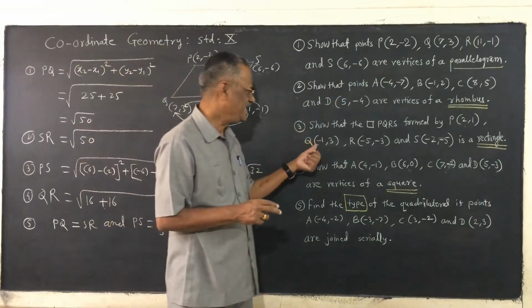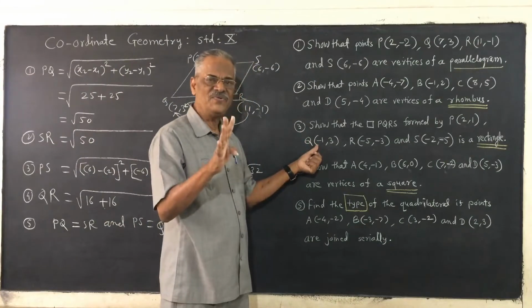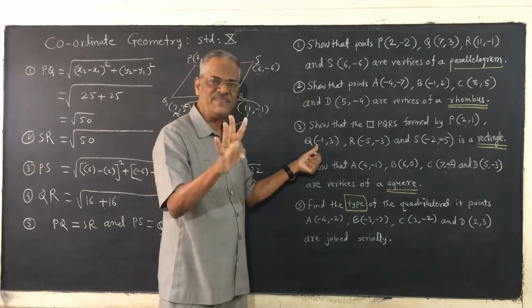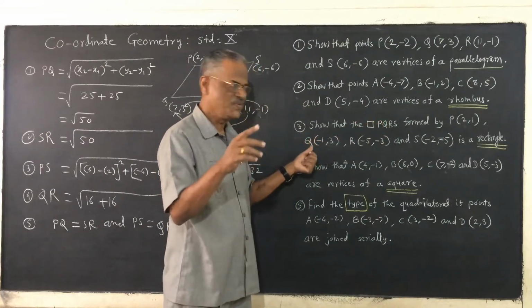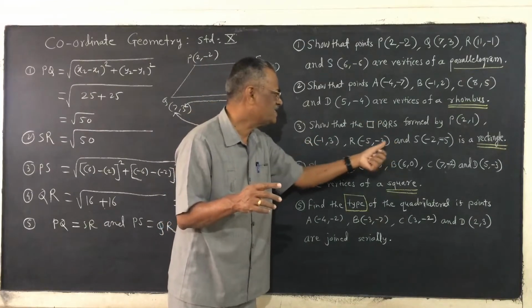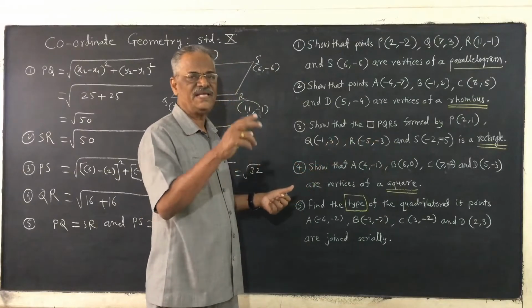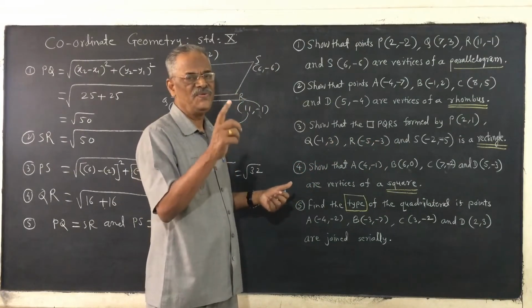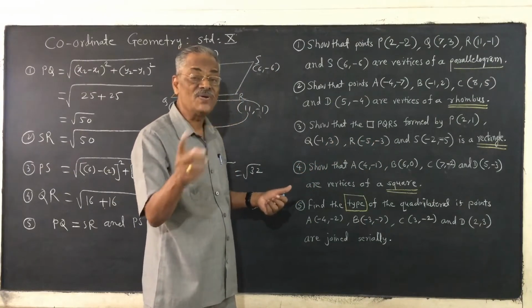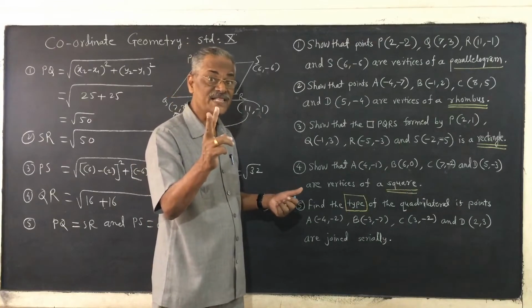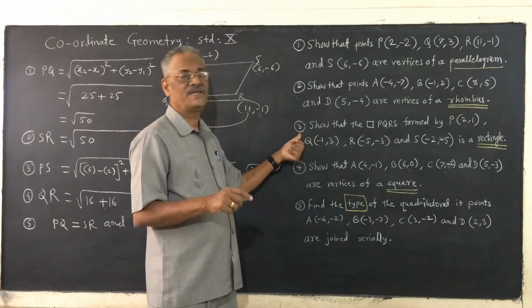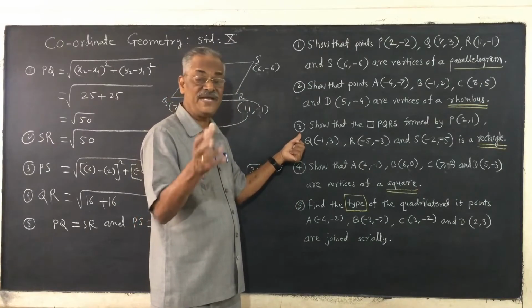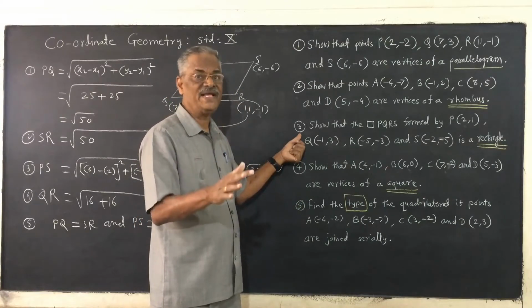In this example, you have to calculate four segments PQ, QR, RS and PS. But another step, you have to calculate the diagonals. Two diagonals are there, and see that they are congruent. Then you can find out whether it is a rectangle.